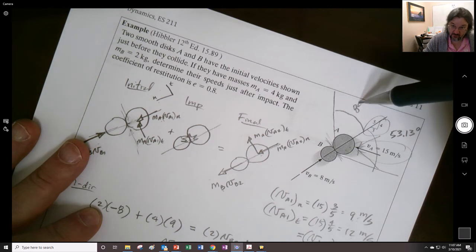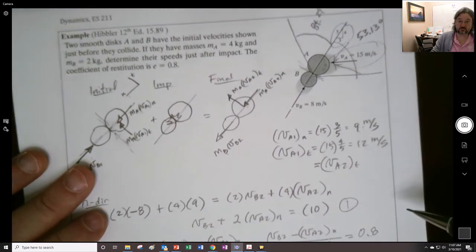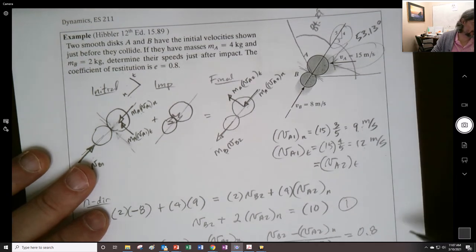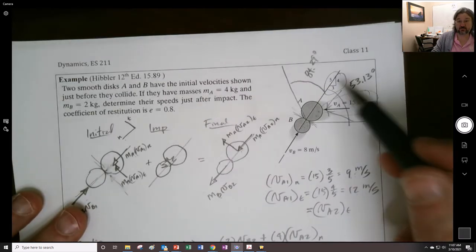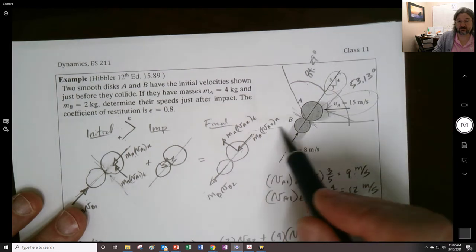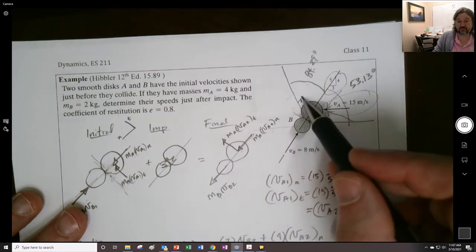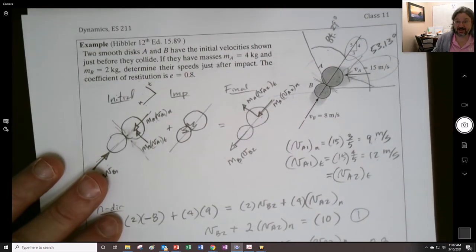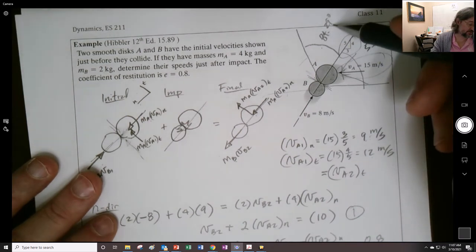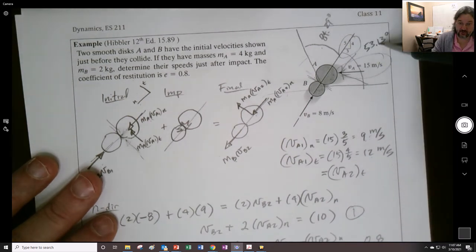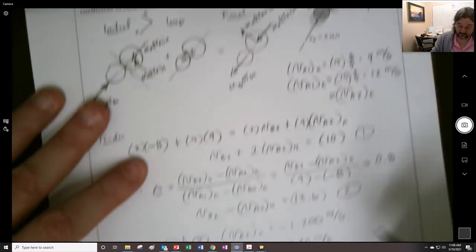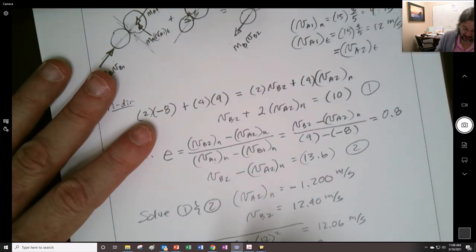So what we have said, though, actually, is that the angle that we've just measured right here was 84.29 degrees. If you take a look at this right here, the actual angle is this one plus this one, but it's best to report it from that position right here. So if we add 84.29 and 53.13, we get 137.4, but the actual angle of that is going to be the complement.